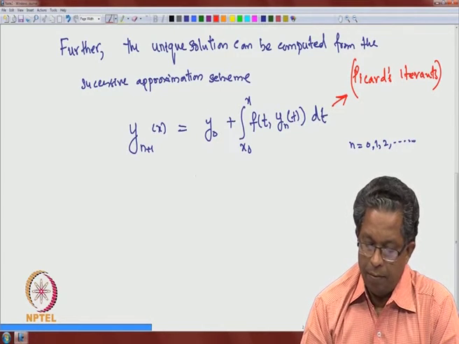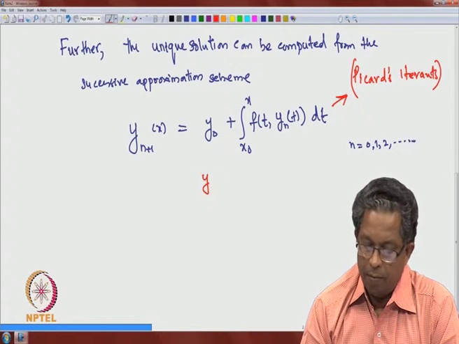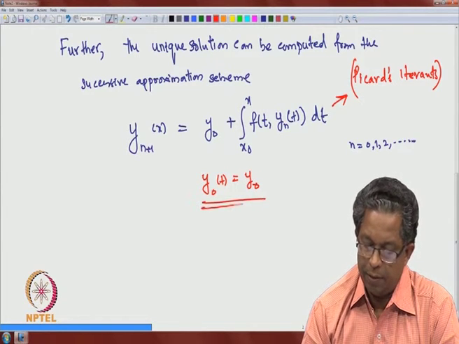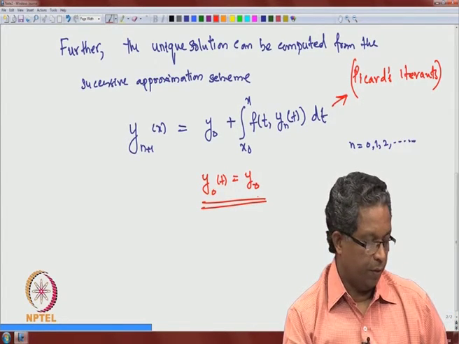Okay, and the y0 function is just y0. You can start from any arbitrary y0.